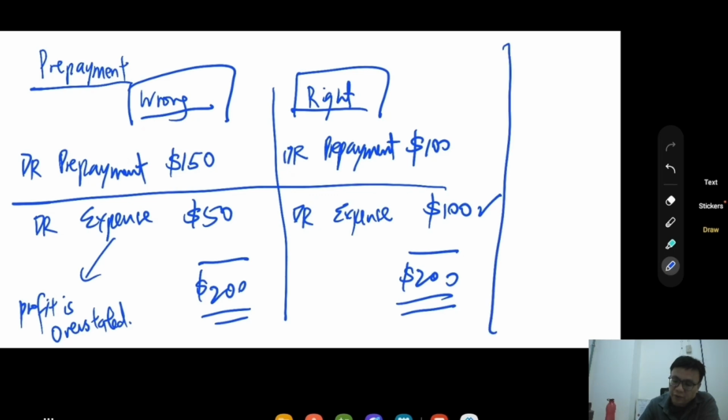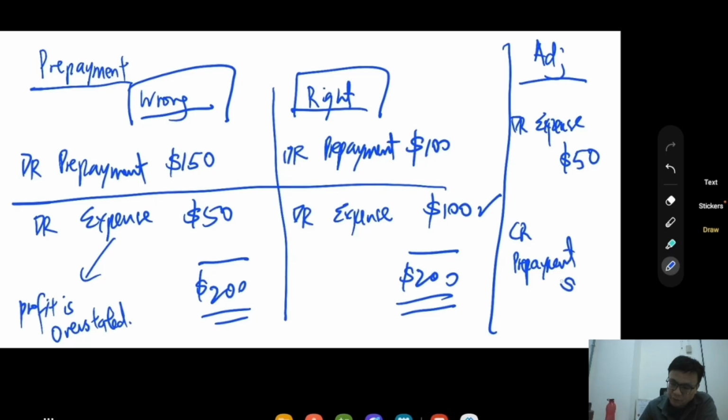So as a result of that, when we do the adjustment, we will debit the expenses to top up the difference of $50. The flip side of it is, of course, we will credit prepayment of $50. So when we do that, you can see that the expenses over here, $50, now we top up to $100 by doing a top up of $50 over here.